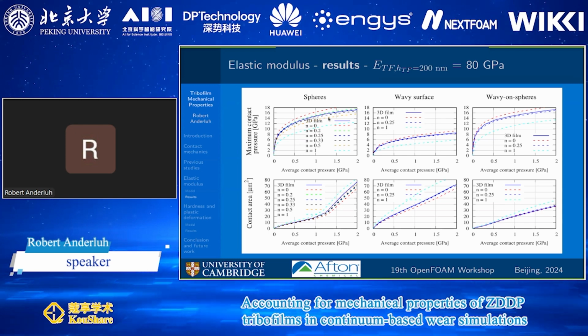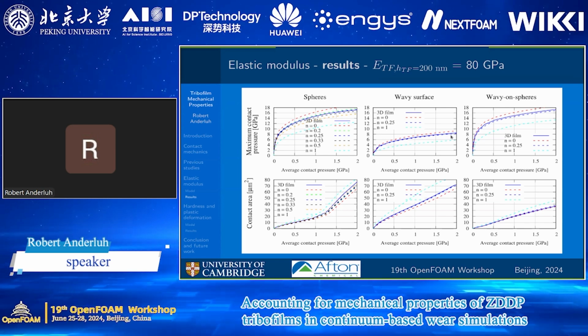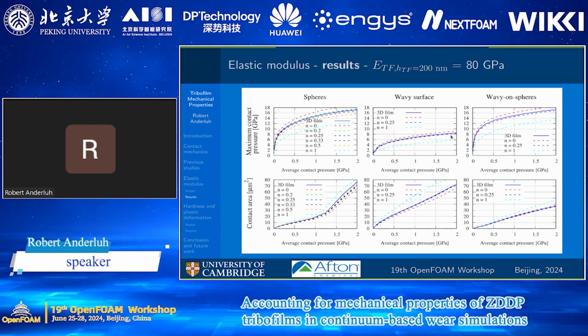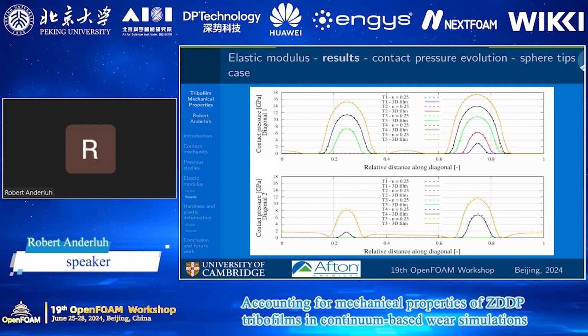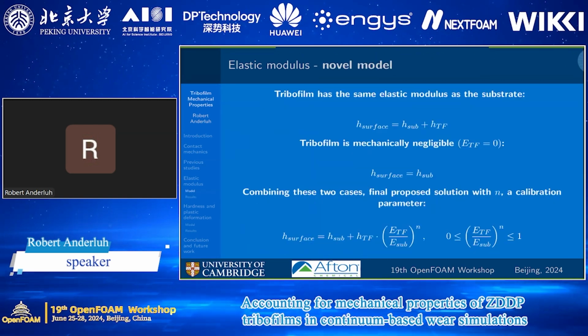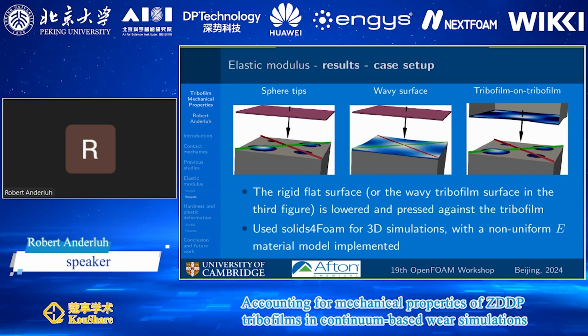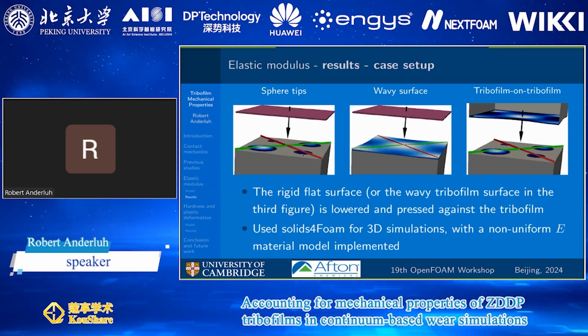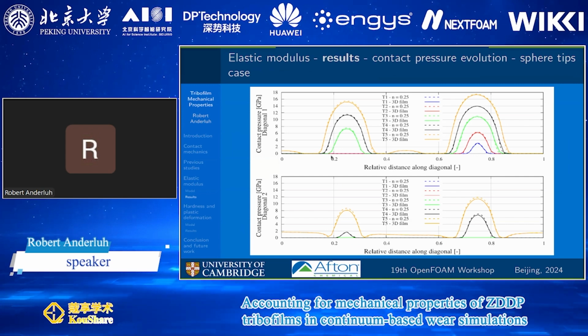Then we saw how it's going to work with the other 2 cases, and it still works pretty well. So this is looking at the match between the solid blue line and the dashed blue line. Let's also see the time evolution. This is when we plot the solution of contact pressure along these 2 lines, the green and red lines, and we look at how the evolution of the solution looks.